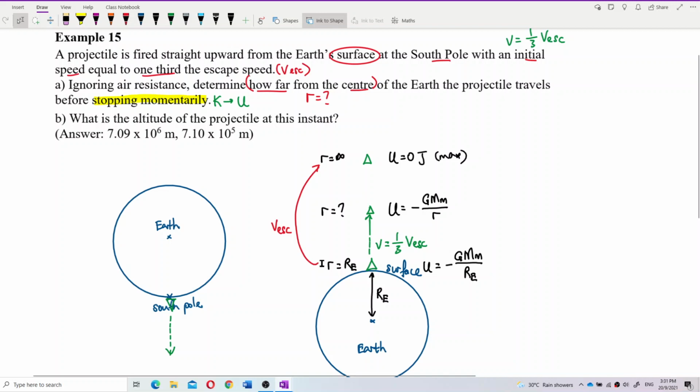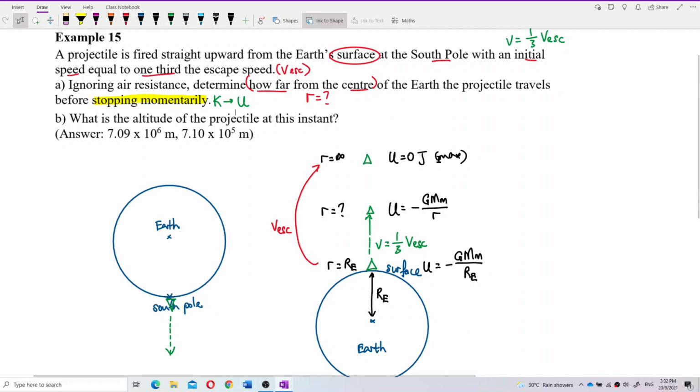If this projectile is ejected with escape velocity, it can go to infinite distance. The r becomes infinity, so it can go to the maximum potential energy of 0 joule.